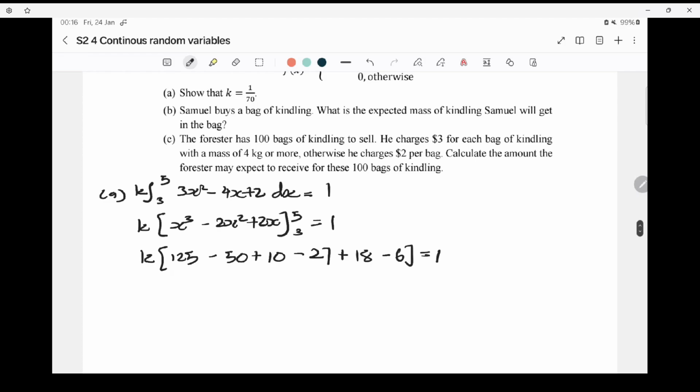So this equals 1. Then do the operation, so this will be 1 over 70.